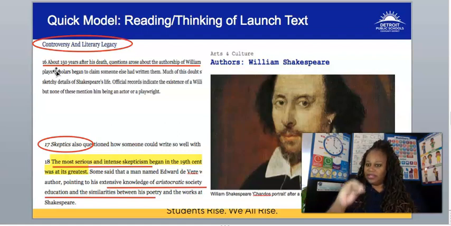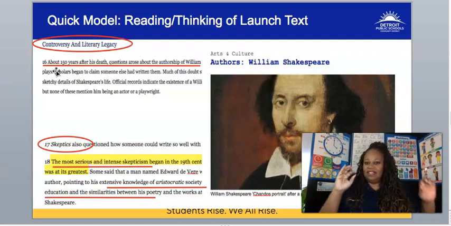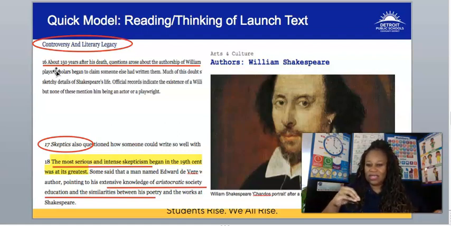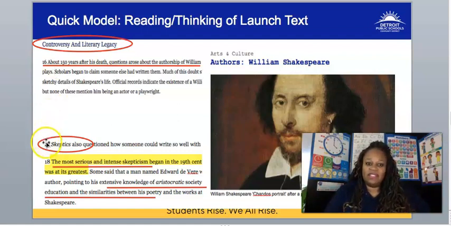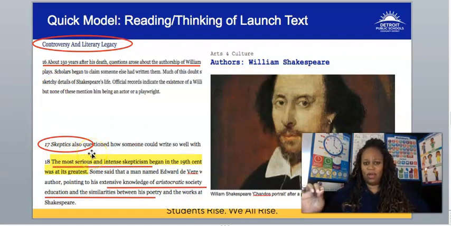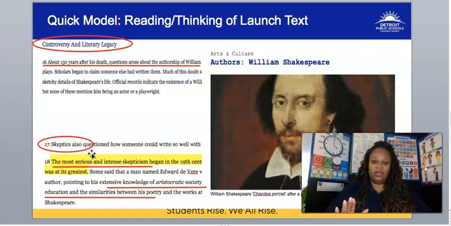So, there's the skepticism. That is the questioning, the doubts, people's wondering whether his work was even authentic or real. If we move down to paragraph 17, it says skeptics also questioned how someone could write so well. That assumption means that they thought Shakespeare had little to no education.